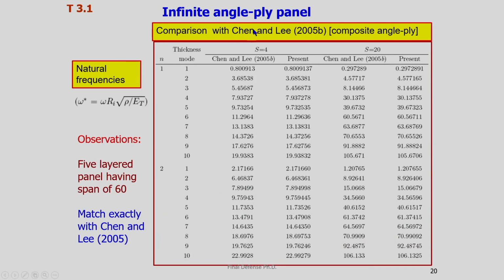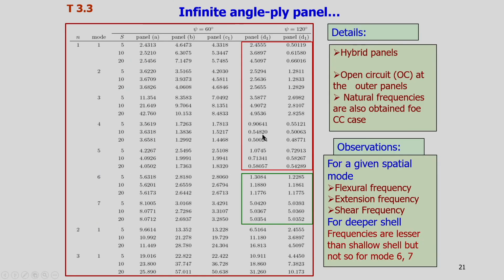We have developed that solution, and we have compared our results with the previous literature results, and found a good match for the angle-ply shell. Then we have developed results for a piezoelectric shell with an open circuit at the outer panel, and natural frequencies. Basically, when you have a closed circuit and an open circuit, the frequencies change.